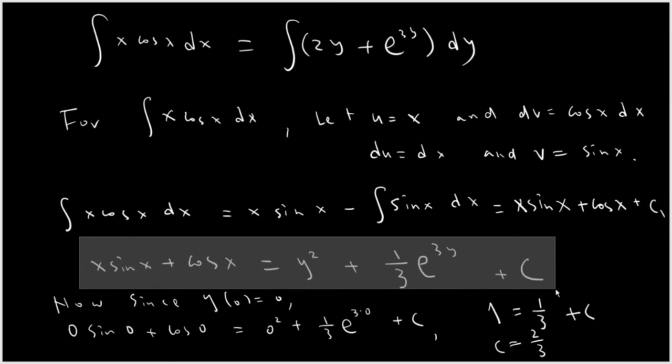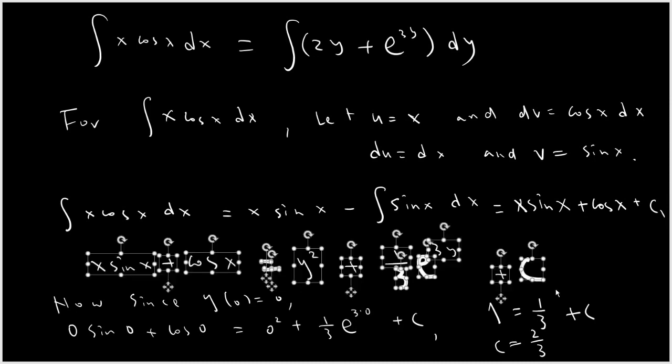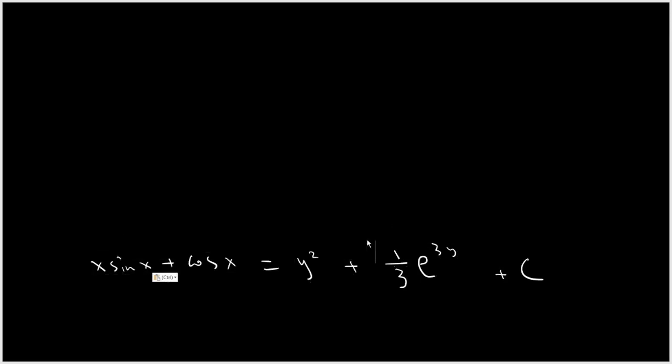Now, the particular solution to the initial value problem, I think I copied everything in. I think I can just write it here. The solution to the initial value problem.